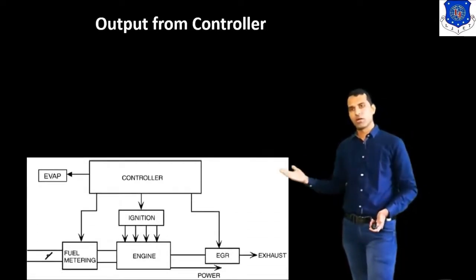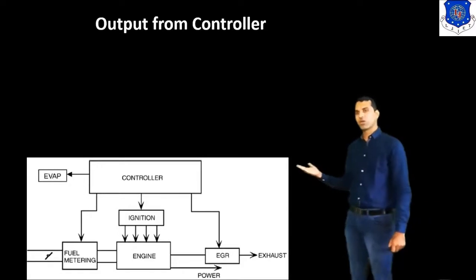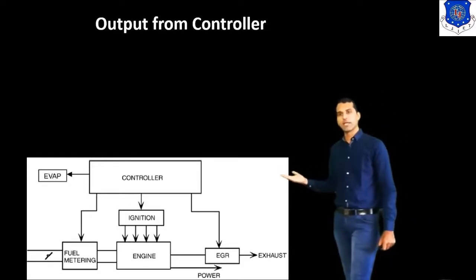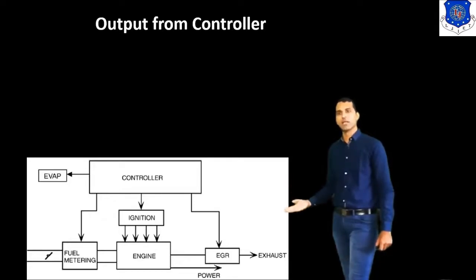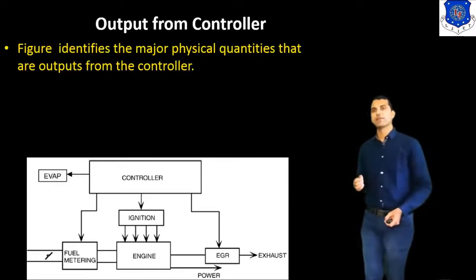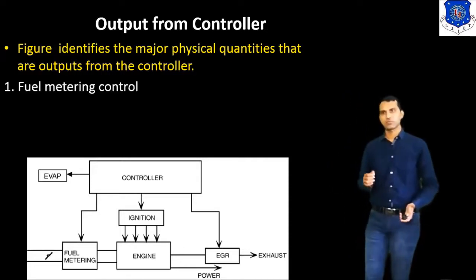Now the output from the controller. To understand this, we consider this figure. Here the controller provides the output action to the ignition system, the EGR section, and also the fuel metering. The figure identifies the major physical quantities that are output from the controller.